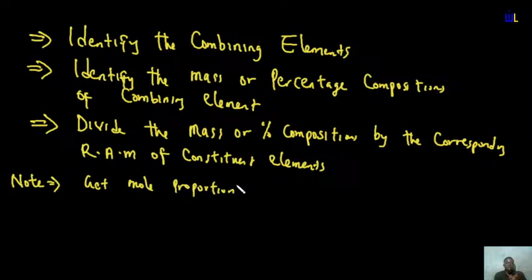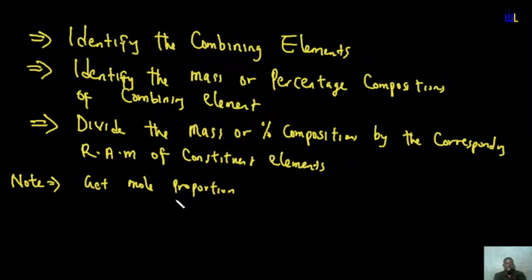Now, what do I mean by that? Why I had to state this here is because in some of the questions you might see, your composition might not be given in mass, neither will it be given in percentage. And when you have such scenarios, if it is given in moles, you don't need to do step 2 and step 3. I'll give you a question where you have something like that.